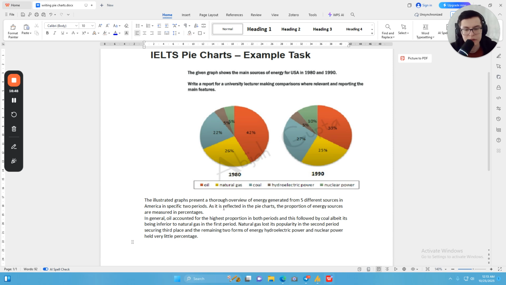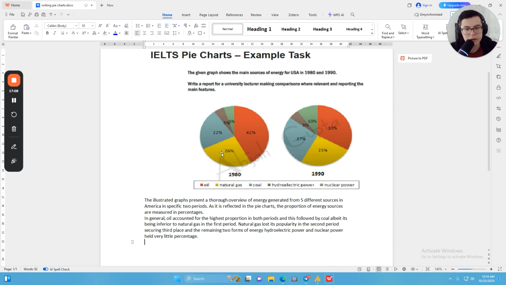If your overview is weak, you cannot get whatever band score you are pursuing. So that is super important, to write a very great overview.